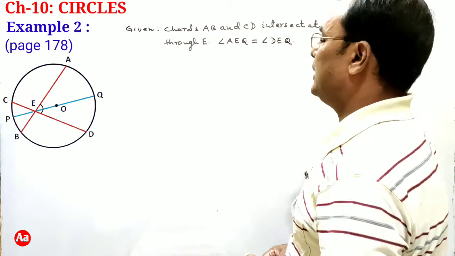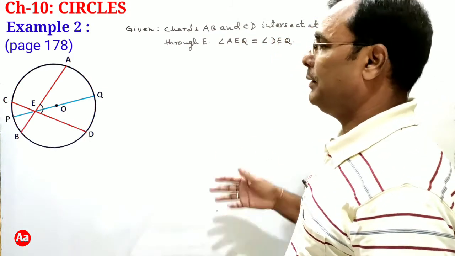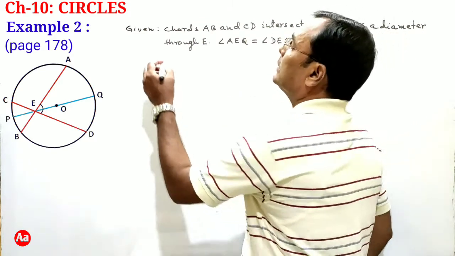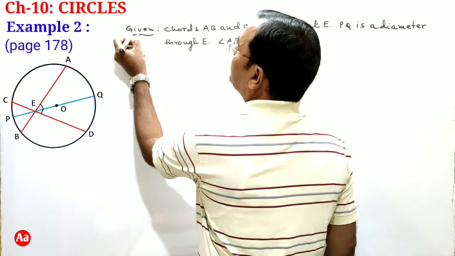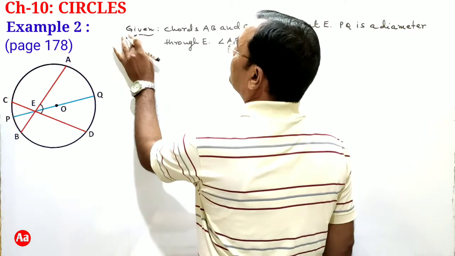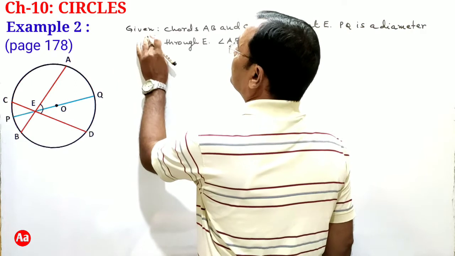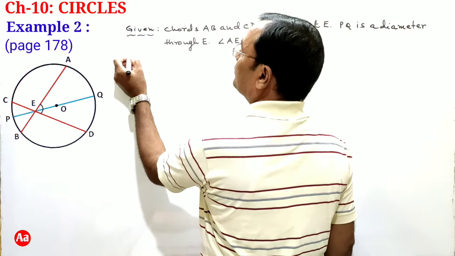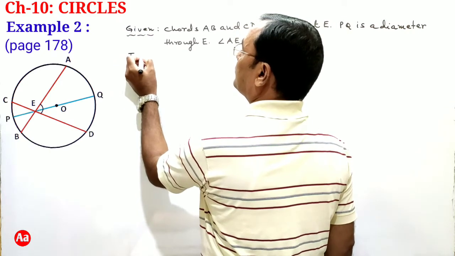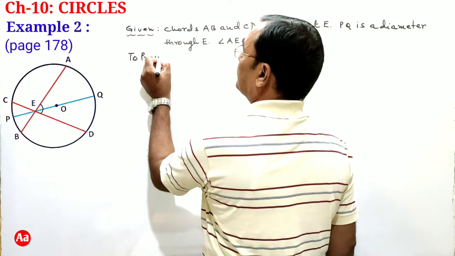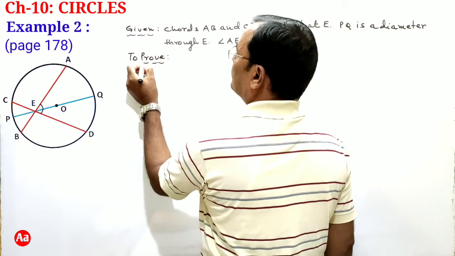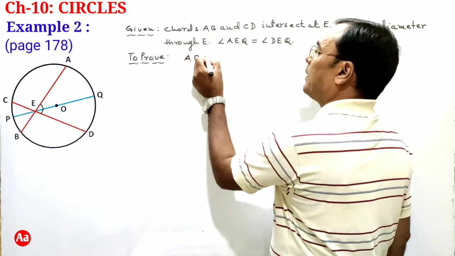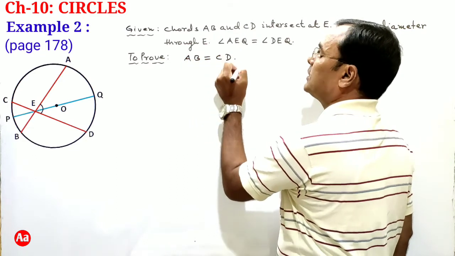That is, chords AB and CD make equal angles with the diameter PQ. We have to prove that AB is equal to CD.